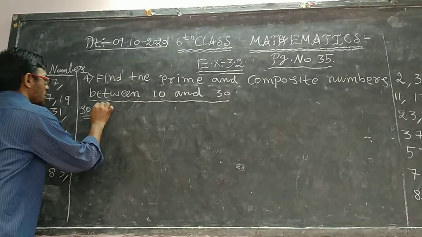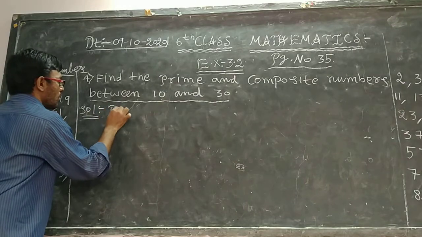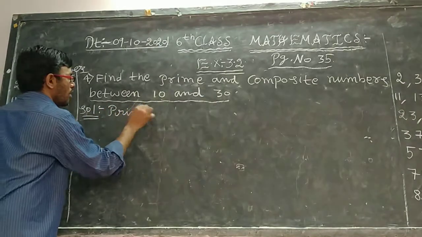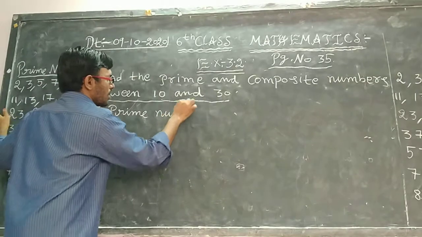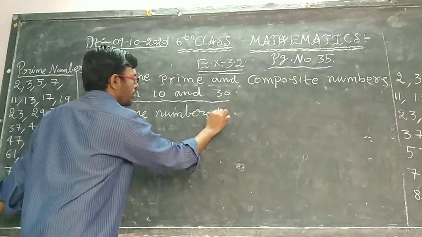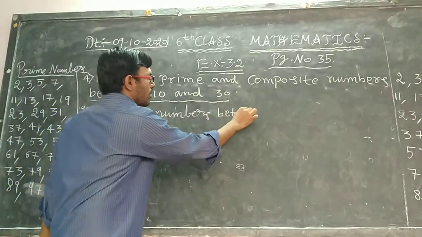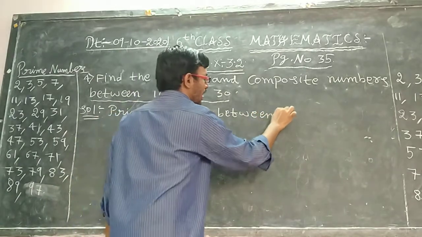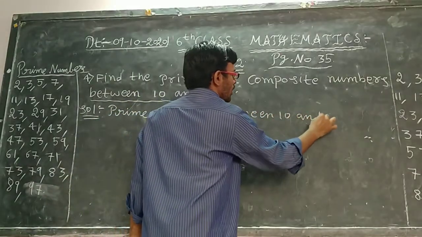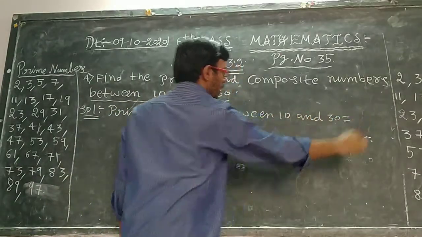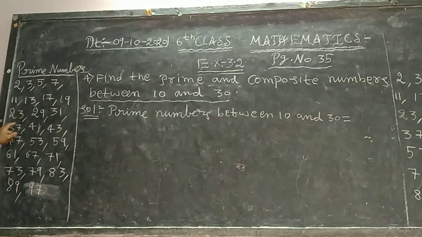First, prime numbers between 10 and 30. What are the prime numbers between 10 and 30? Where is 10? After 7, 10 will be there, so from 11 onwards you are supposed to take, up to 29, since it is up to 30 only.